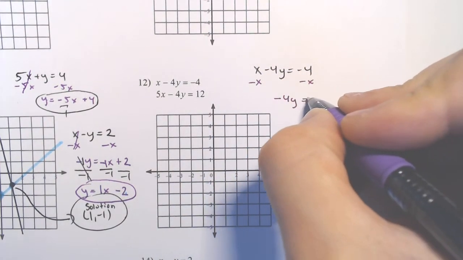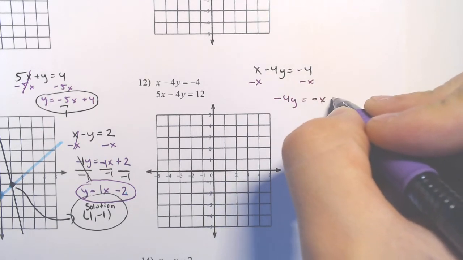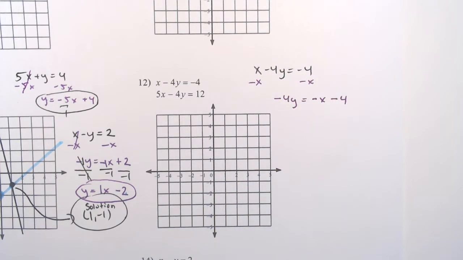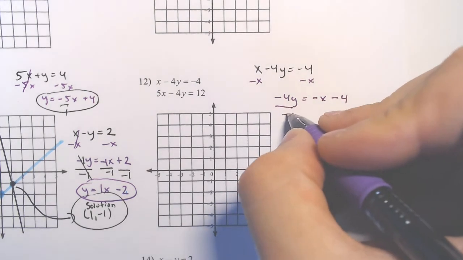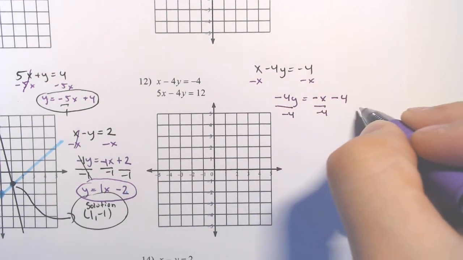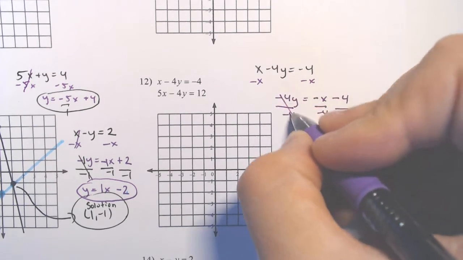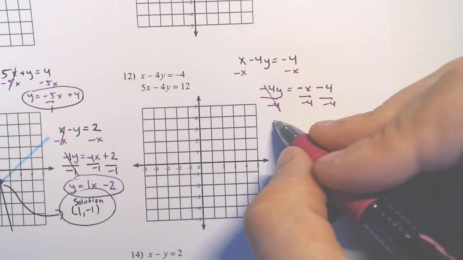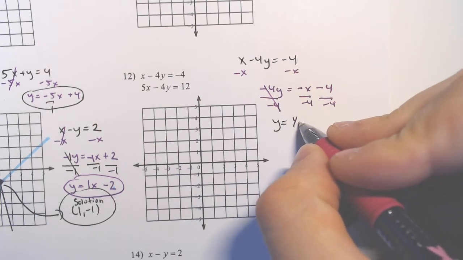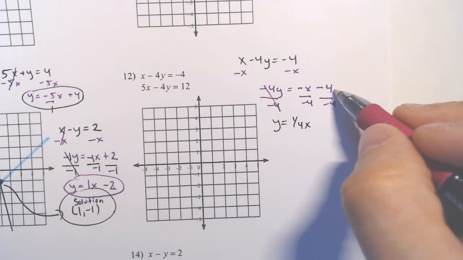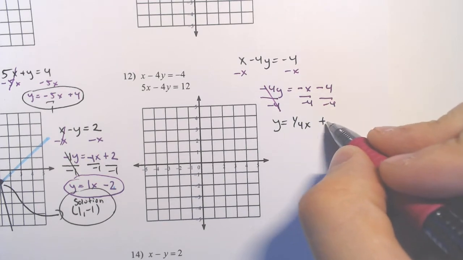Negative 4y equals negative x minus 4. Then divide by negative 4, divide by negative 4, divide by negative 4. y would equal negative 1 divided by negative 4, which is 1/4 x. Negative 4 divided by negative 4, which is 1.